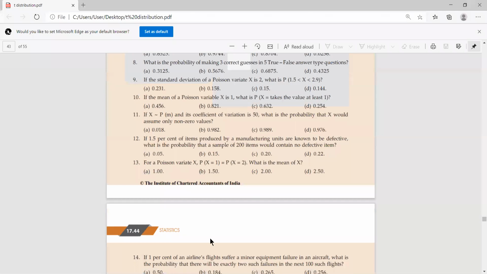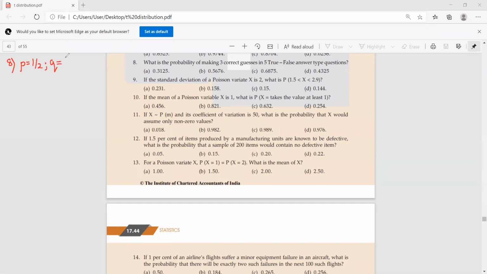Say sum number 8. What is the probability of making 3 correct guesses in a true or false type question? Now observe again. Clearly बोला है true or false type question. Correct. So probability for getting an answer to be true will be 1/2.